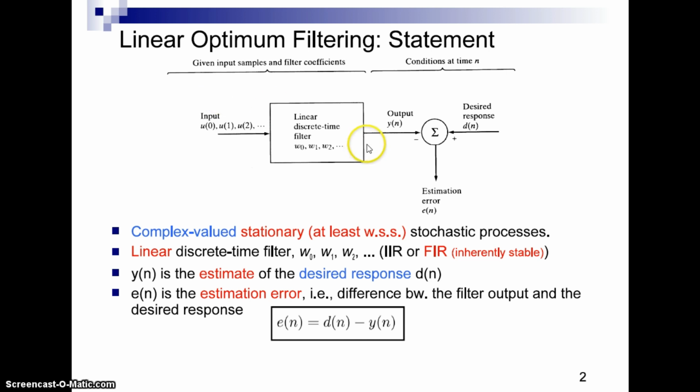If you see this block diagram, built around a linear discrete time filter, the filter input consists of the time series u of 0, u of 1, u of 2, and the filter is itself characterized by the impulse response represented by the sequence w0, w1, w2, and so on.